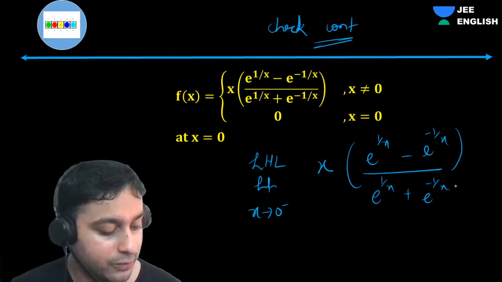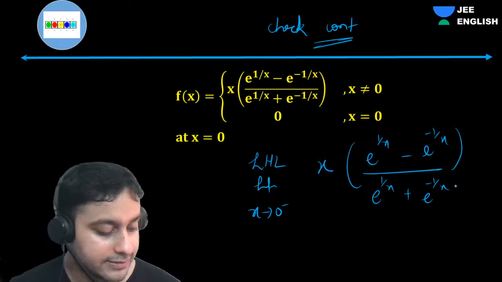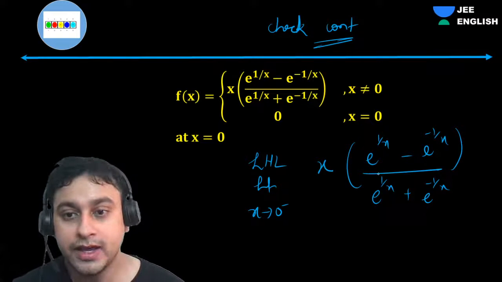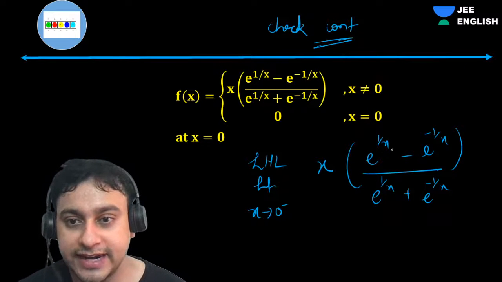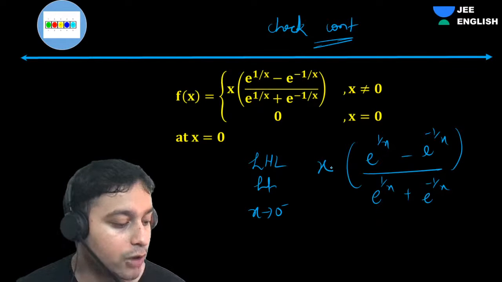So guys, what is happening over here is that if you look at it, this thing is tending to 0, right? Now, what do we do?